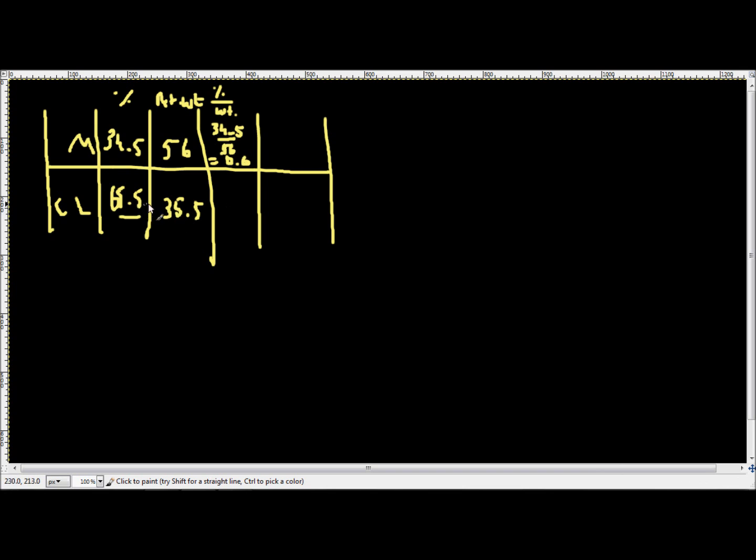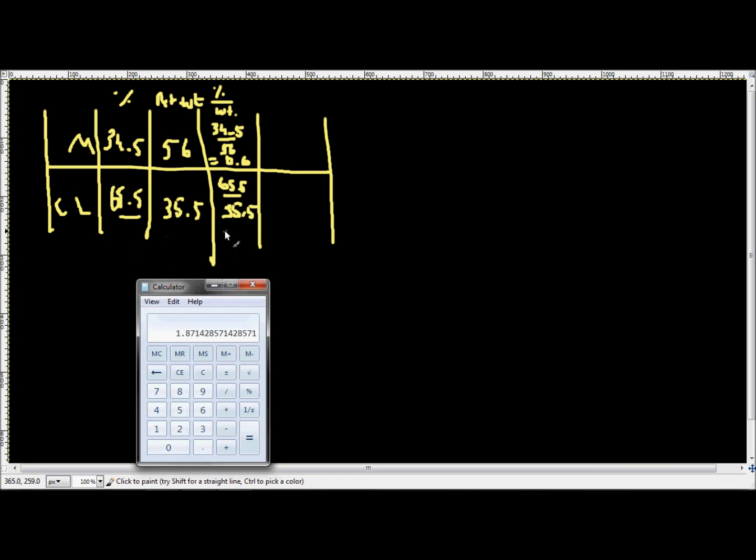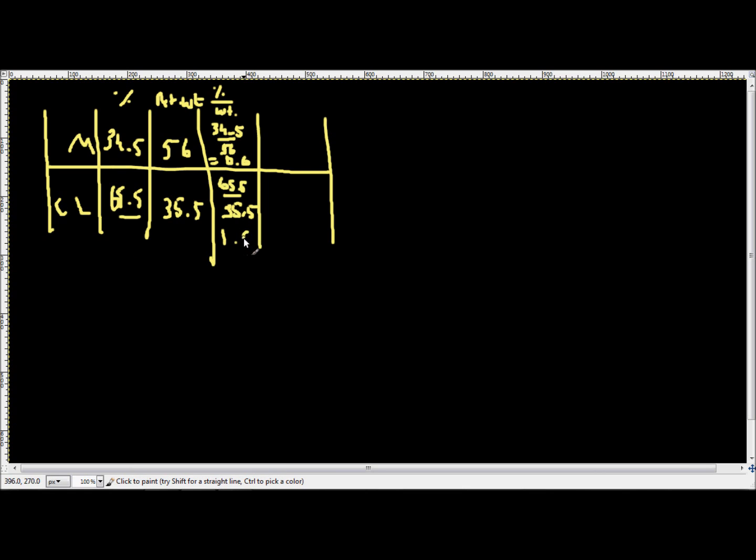Now we do the same for chlorine, 65.5 upon 35.5. Again, calculator. 65.5 divided by 35.5. So we get 1.8 something, so let's write it as 1.8.